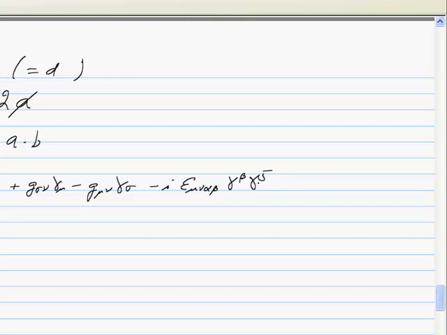Oh, let's see, I got my indices wrong on that. Epsilon mu sigma nu beta. There we go. Okay, so the last index goes with the gamma 5. And that sometimes lets you reduce lots of products.